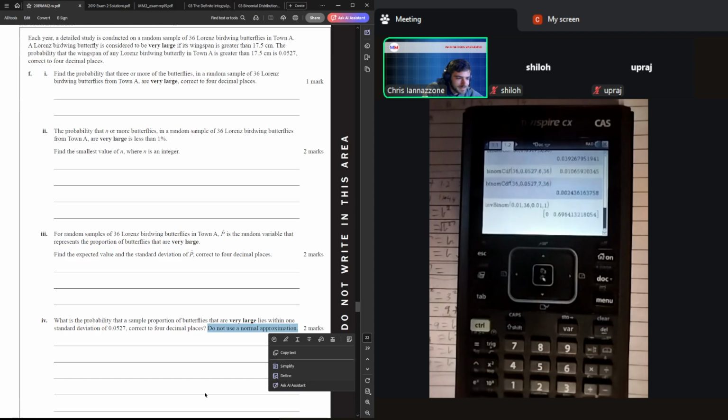Don't approximate it. I know there's a 68% rule. Your number's going to come out pretty close to 68%, but rounding is going to cause a few issues, which will change that.